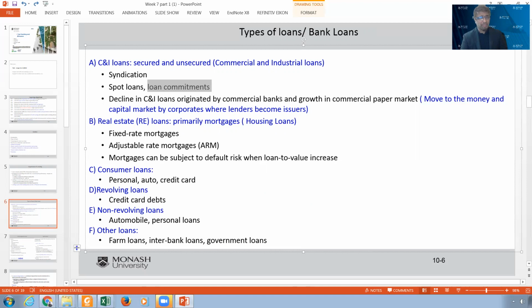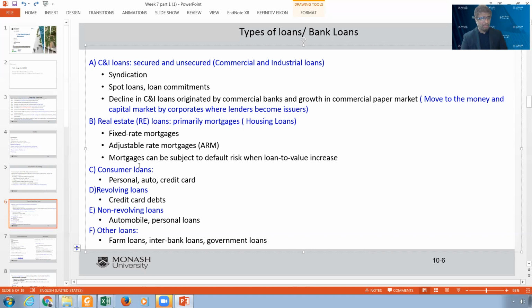And the borrowers become issuers, so they go and issue. This is why we say the decline is because of the development of the financial system and the capital markets.